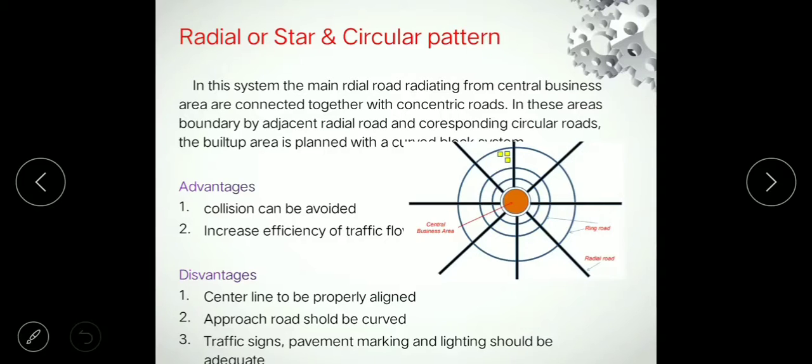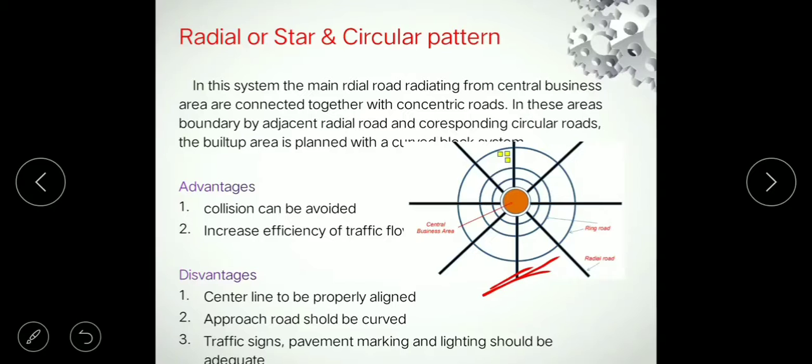Next is radial or star and circular pattern. In this system, the main radial roads radiating from the central business area are connected together with concentric roads. In this area, bounded by adjacent radial roads and corresponding circular roads, the built-up area is planned with a curved block system. The figure itself is self-explanatory, we can see here.